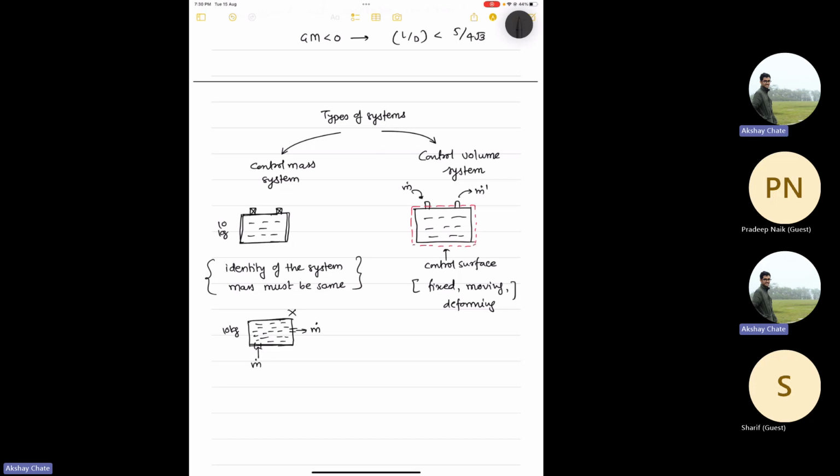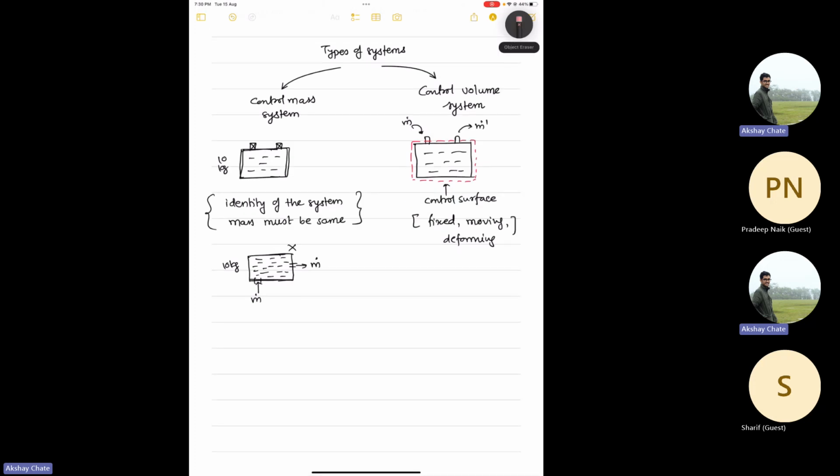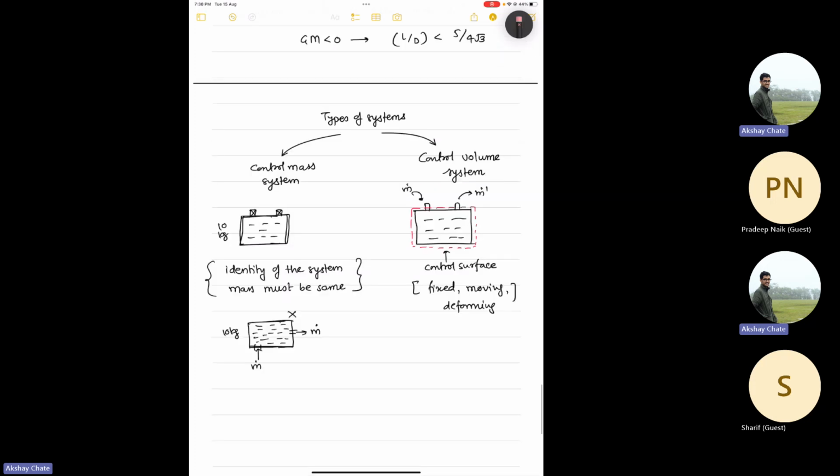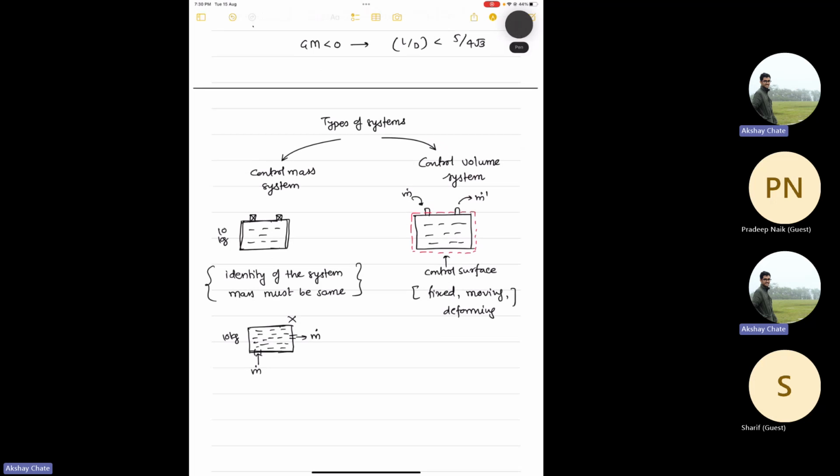Coming back to our basic first point, why do we need RTT, the Reynolds transport theorem?